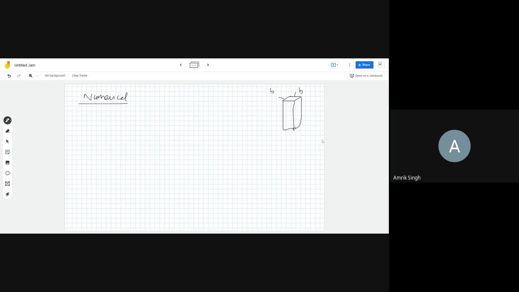It is a pinned-end column, both ends are pinned.